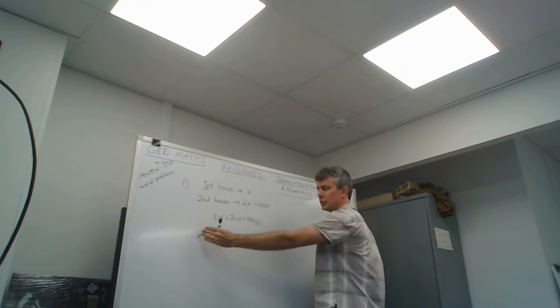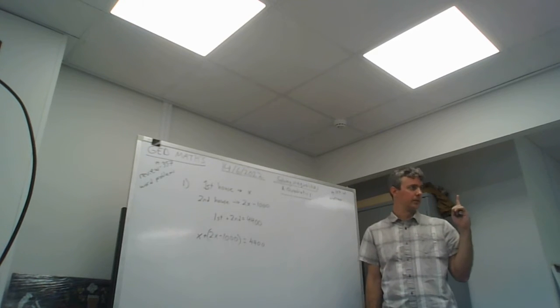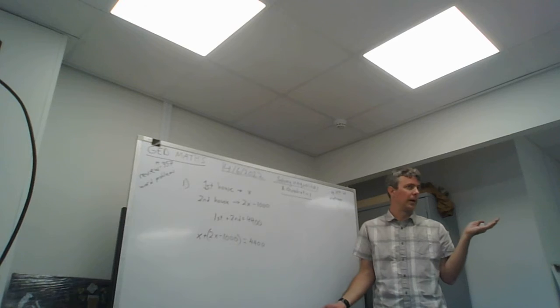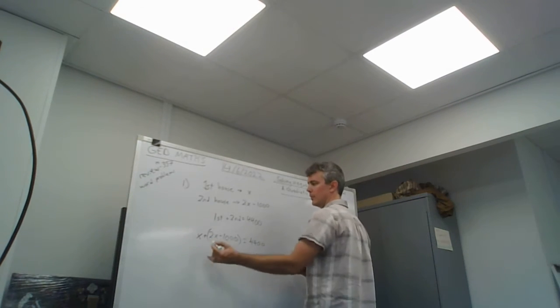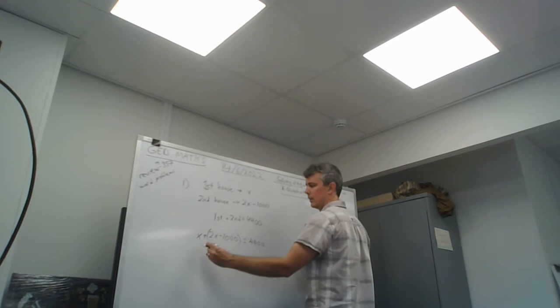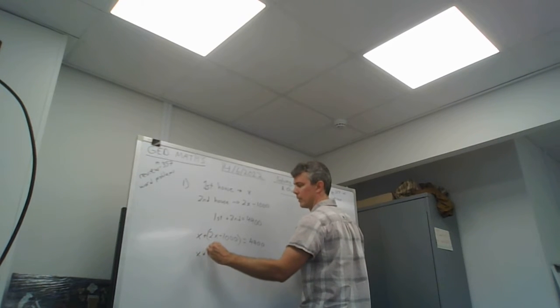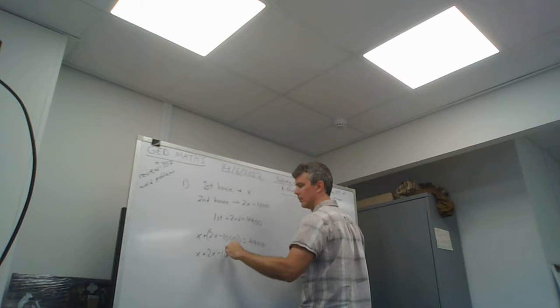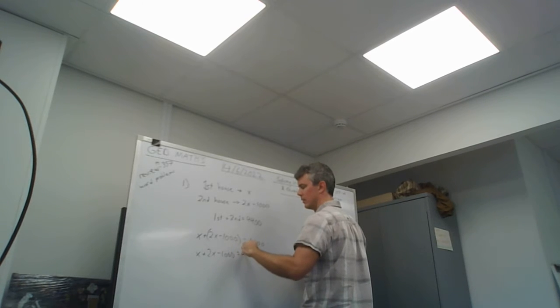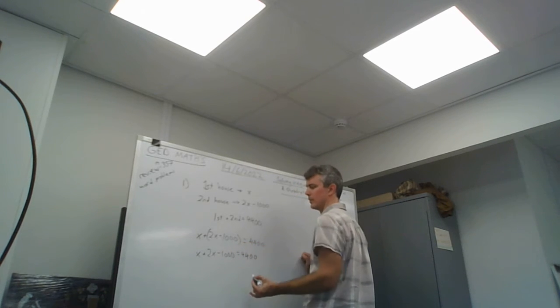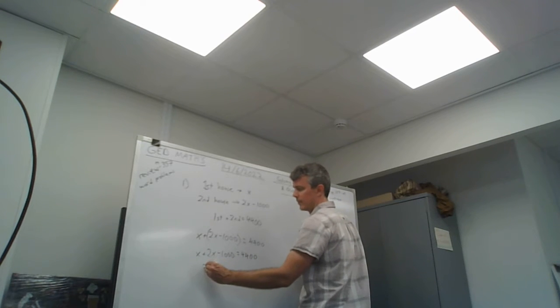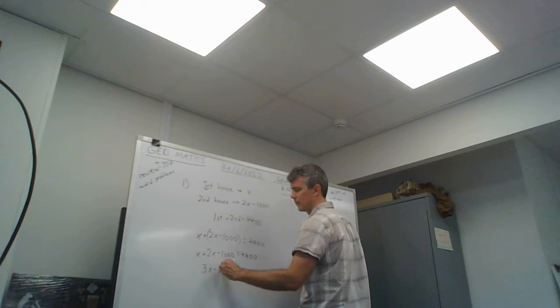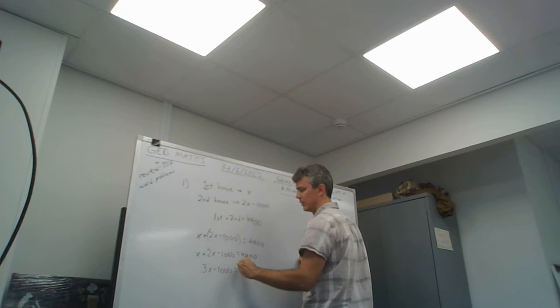So now we have an equation and one variable. So we solve the equation the way we know. First we just need to simplify this one, take away the brackets, so 2x minus 1,000. So first of all, what are we going to do? Add the x's, 3x minus 1,000.